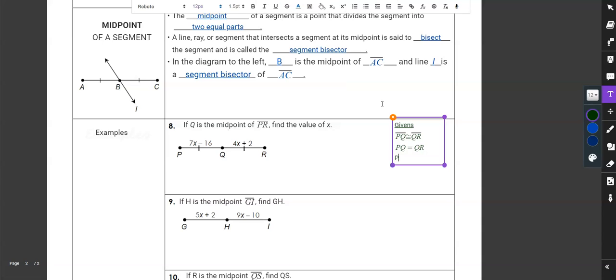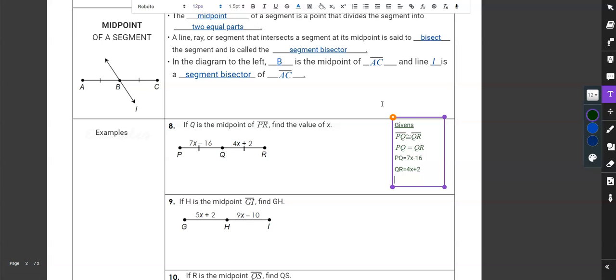And we are given that PQ is being represented by 7x minus 16, and QR is going to be equal to 4x plus 2. Now normally this is where we do our formula.